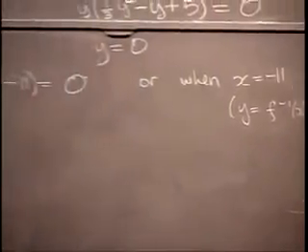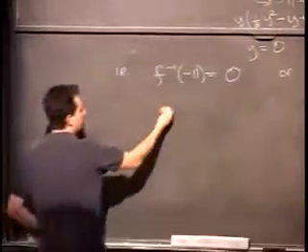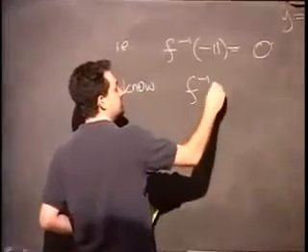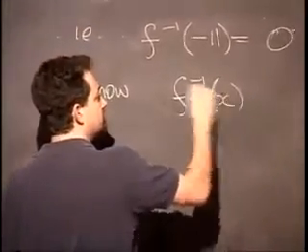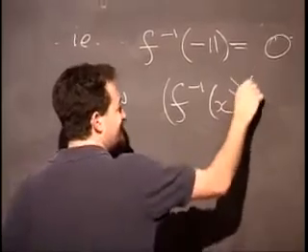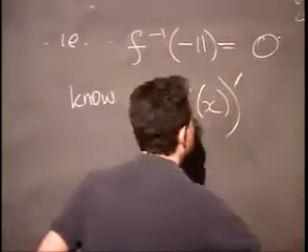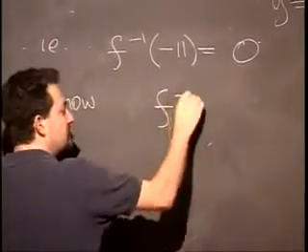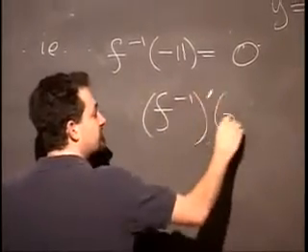And we need to find the derivative. Well, we know that the derivative, actually, that's not the way I want to write it. It's the bad way to write it. It's the inverse function derivative.